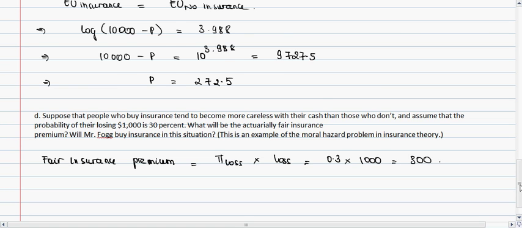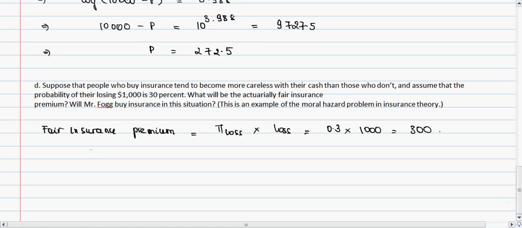Therefore the fair premium price for such an insurance to cover a $1,000 loss in this case should be $300. Now, will the consumer be buying the insurance in this situation? Basically, given that the premium is now 300, will the consumer want to buy it?